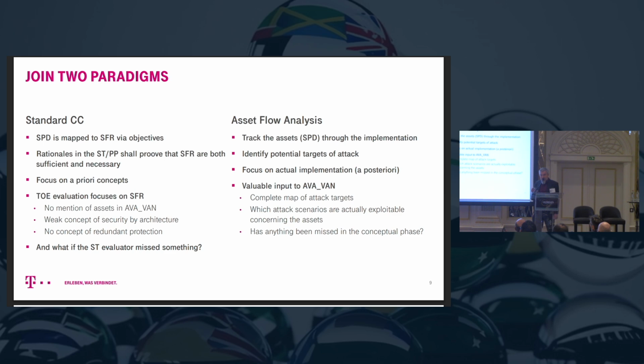So it all focuses on the SFRs. And so when we do something like architecture where there's no SFR, which are not backed by SFRs, which are testable functions with testable logic, then it's not considered in the formal way of AVA_VAN. So usually evaluators look at this, but there's no formal way for that.